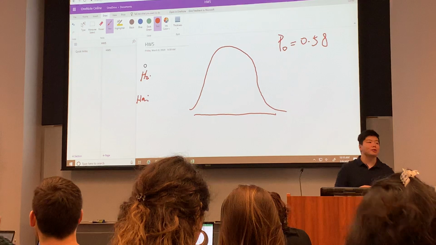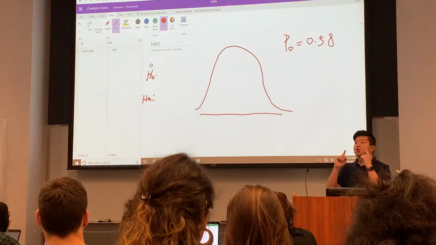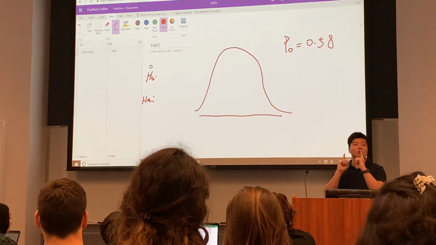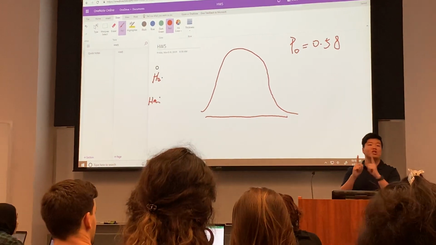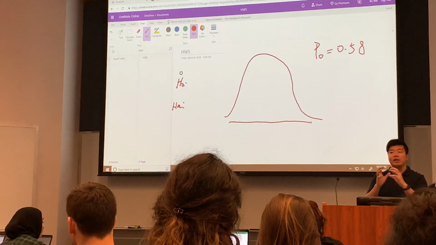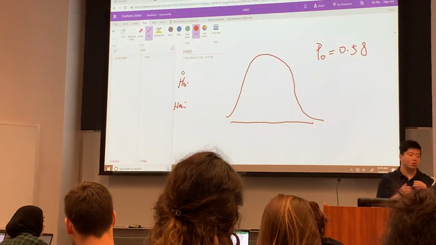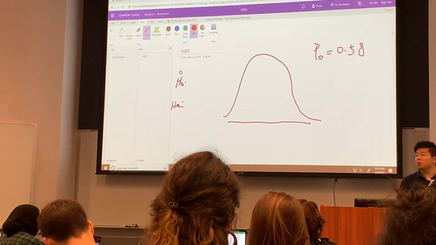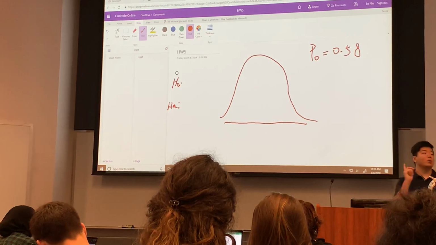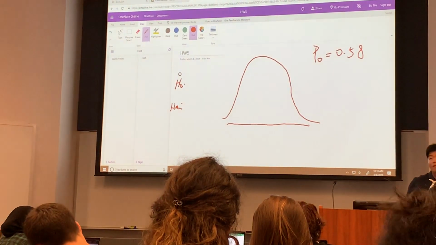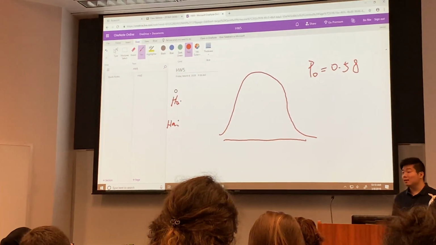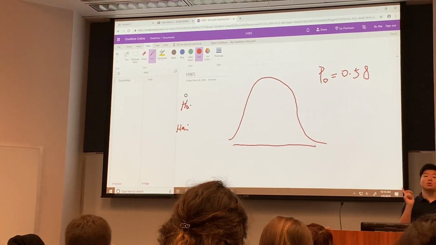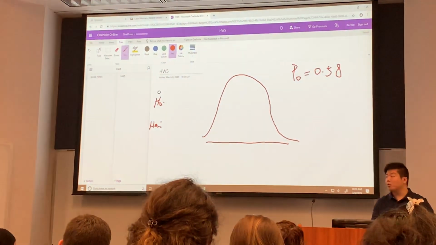And here's another tip: if you have any equal sign based on your keyword, we always give that sign to HO. If you have a keyword less than or equal to, then we give it to HO. If you have a keyword less than, then we give that sign to HA. That is how we deal with it.